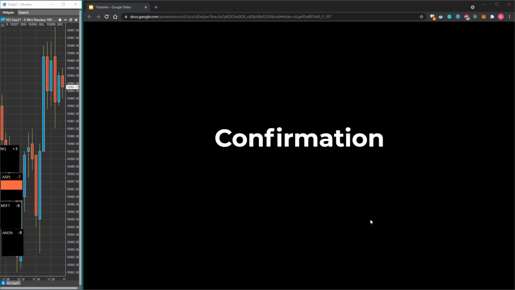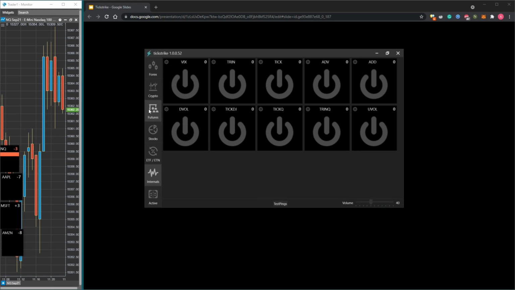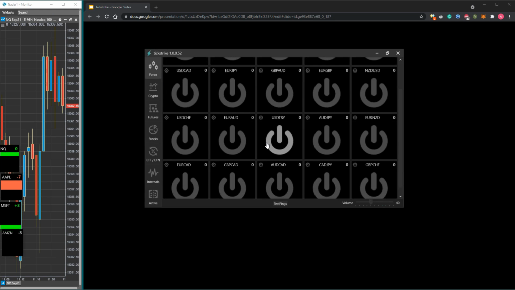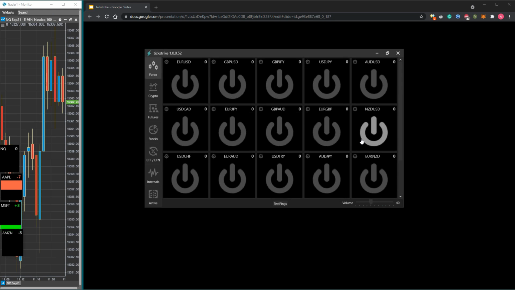What we've done is aggregate from lots of different brokers and put it together into one feed. You want to show them the FX option on the main application? Sure. You can also choose the futures FX as a confirmation. So we've got FX there, and all these instruments so far. If there's anything you want that we don't have, all you need to do is ask, and you're good to go.